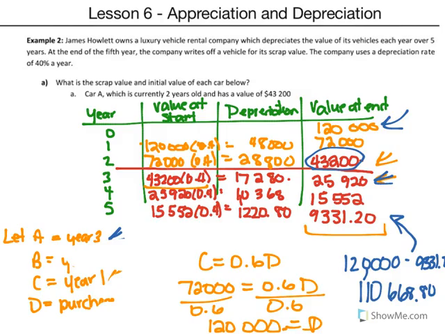So in order for this company to make money off of these luxury vehicles, they're going to have to rent them out for more than that price over 5 years. This is just showing how fast a car can depreciate. It is depreciating more because it's a rental car company, and also because this is 40%. That's a high number, and it's probably because it's a rental or a luxury vehicle.